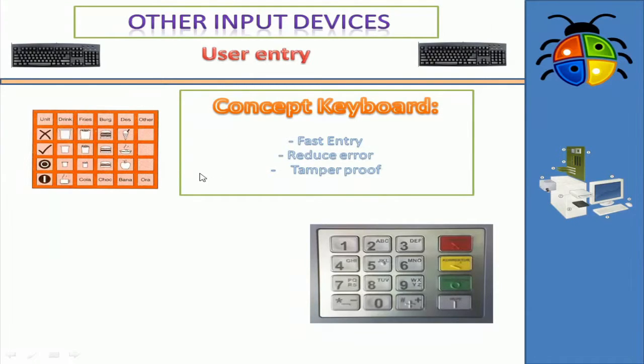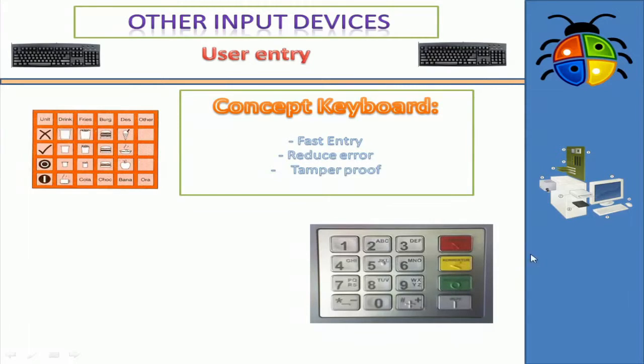So maybe they wanted to cheat the system. It would be much easier if they have a keyboard where they can program, or they have other ways to input data into the system. Whereas with a concept keyboard, your ability to hack, your ability to cause damage is much more limited.